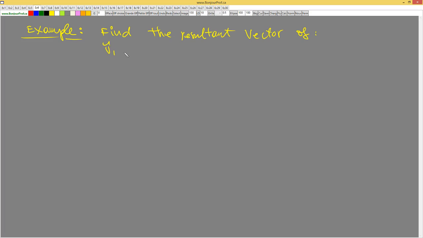It can be any vector. V1 equals 30 degrees north. V2 equals 30, 30 newtons, 30 meters per second. I'm going to put 30, and I'm going to put 45 south, 20 degrees west.